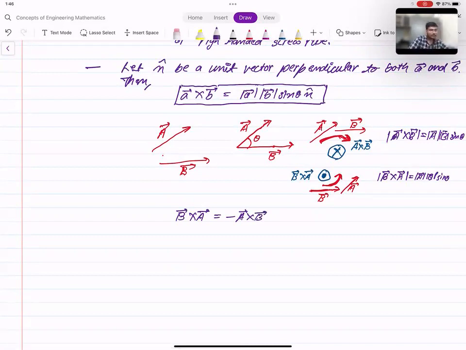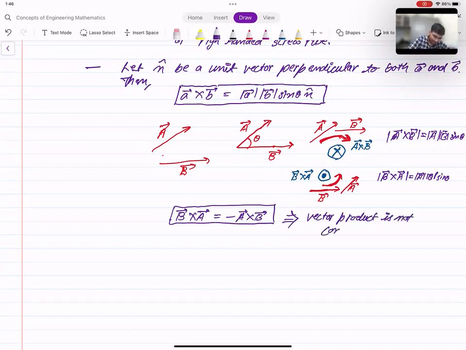So this is the result, which indicates that the vector product is not commutative.